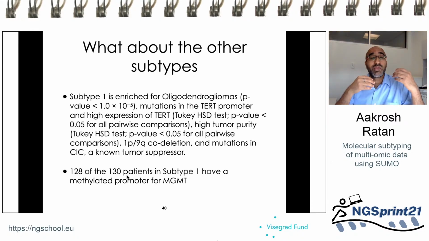Promoter methylation of MGMT has been associated with success or response to temozolomide. So subtype 1 patients might respond better to that particular drug. Subtype 1 is also enriched for oligodendrogliomas and all these others.